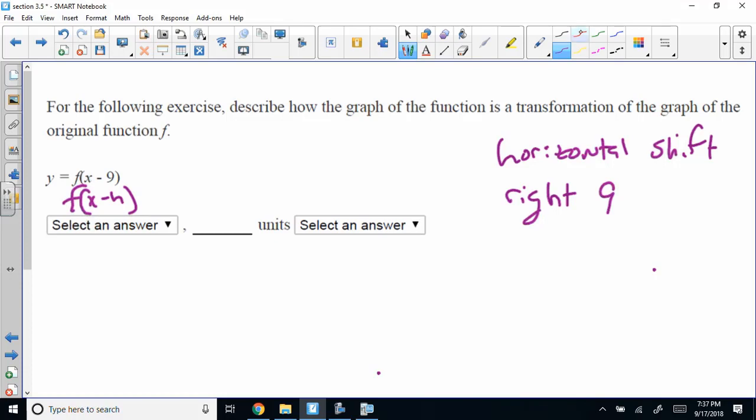I hate to say we, but you normally have been exposed to only vertical and horizontal shifts, with some compressions, vertically I think.